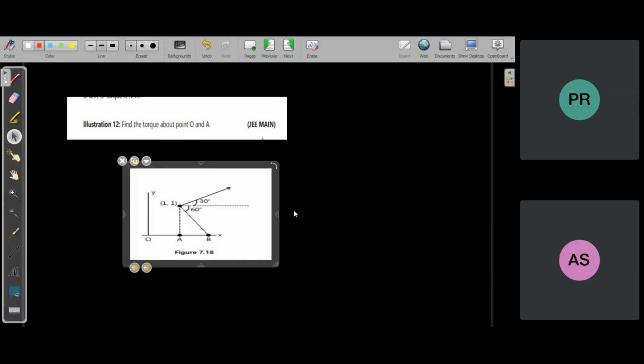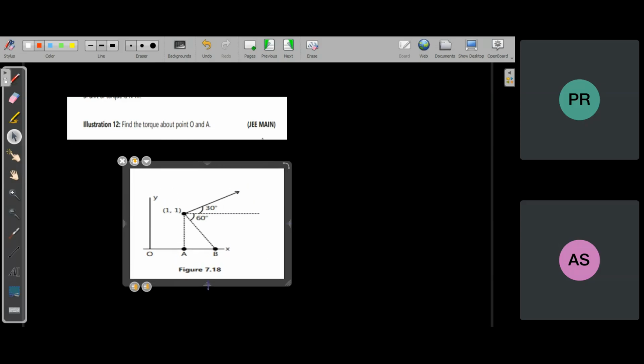And maybe torque about a point is not along the axis. We will also discuss how to find torque along an axis. But till now we have only discussed torque about a point. See, in this question they are simply asking you to find the torque about a point. Torque about a point is just about a point, not about an axis, right?